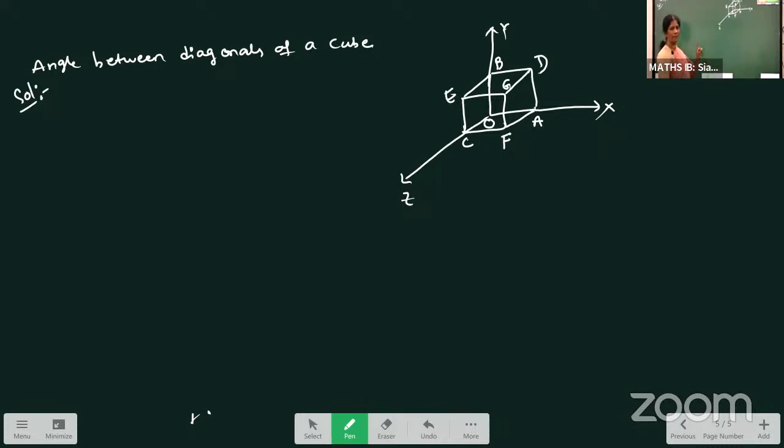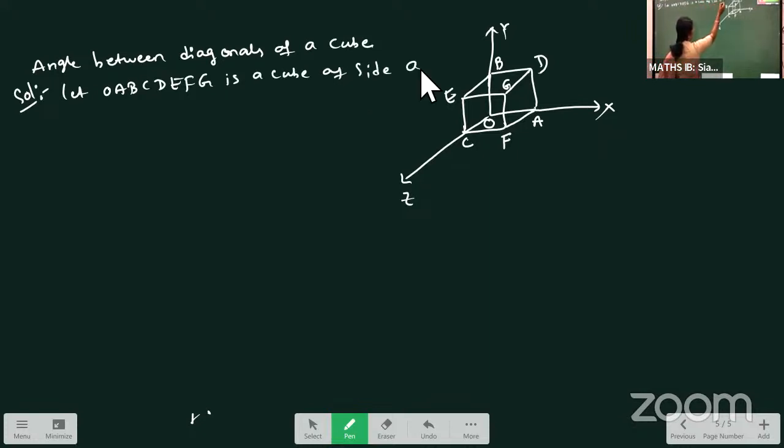O, A, B, C, D, E, F, G is a cube of side A. Cube means all sides will be equal. So we have to take a side A.